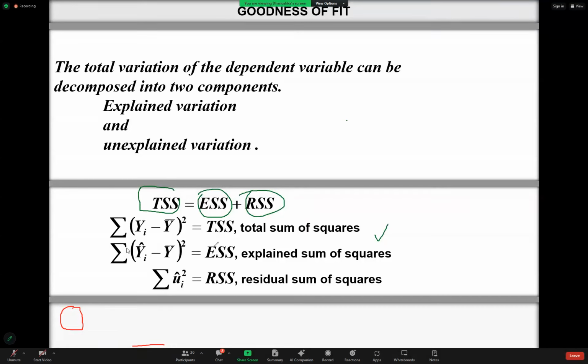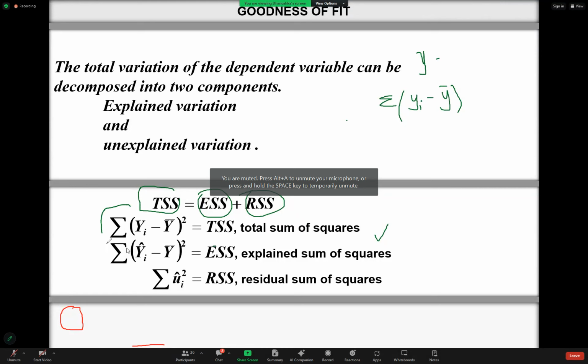Let me explain total sum of square. Our dependent variable is y. The variation of y shows how each y value deviates from the average of y. The difference between y and average of y, and then you get the sum of it.